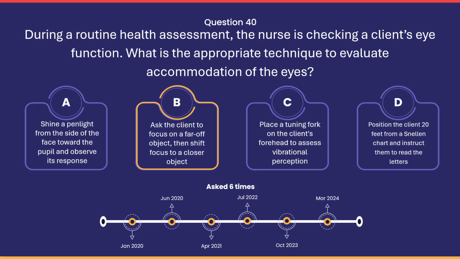B. Ask the client to focus on a far-off object, then shift focus to a closer object. C. Place a tuning fork on the client's forehead to assess vibrational perception. D. Position the client 20 feet from a Snellen chart and instruct them to read the letters. The correct answer is B.